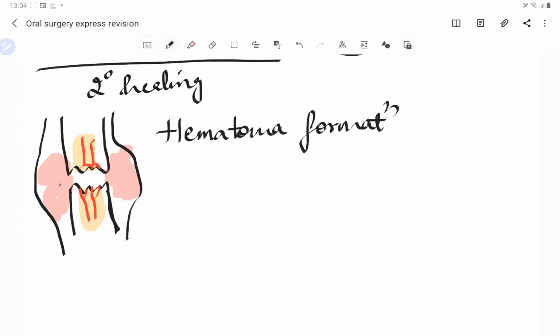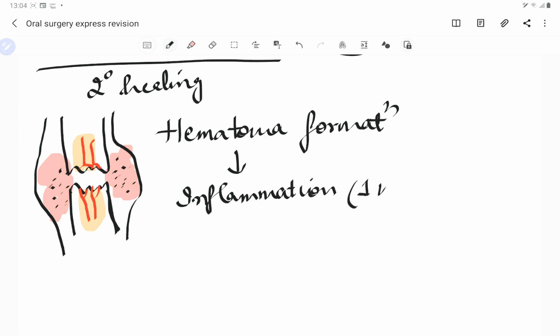With this blood, there is a lot of tissue destruction because of the inflammation. After this blood, we have the inflammatory cells. The next phase is the inflammation phase, which is an acute phase, lasting up to 1 week. All the macrophages, cytokines, and platelet derived growth factor start accumulating in that area.